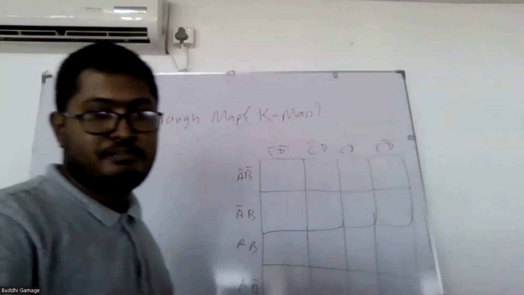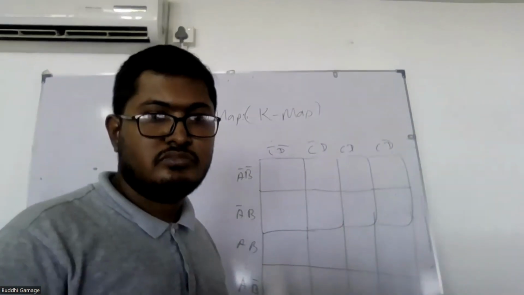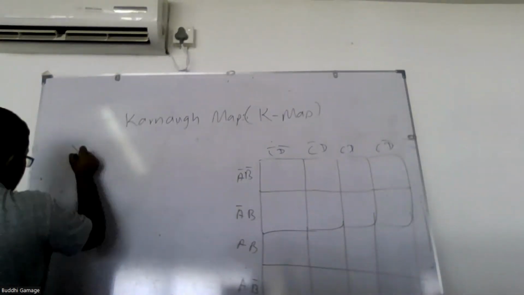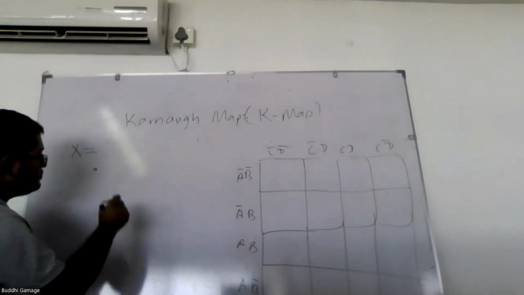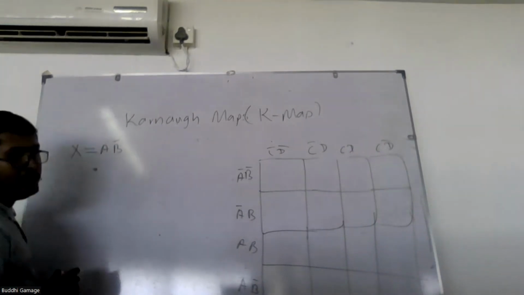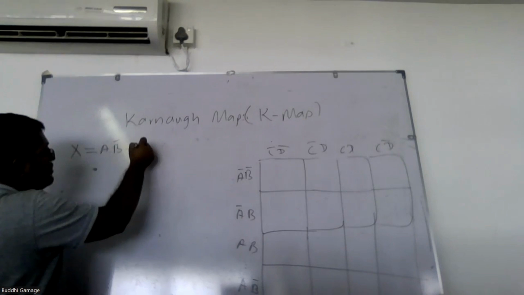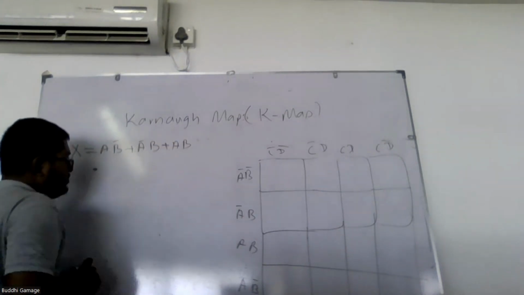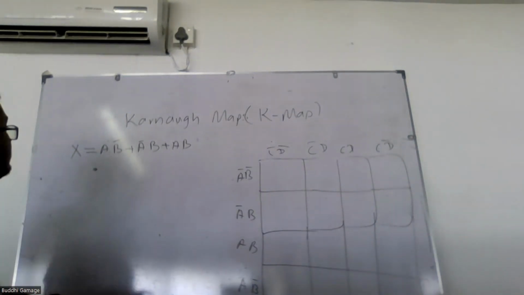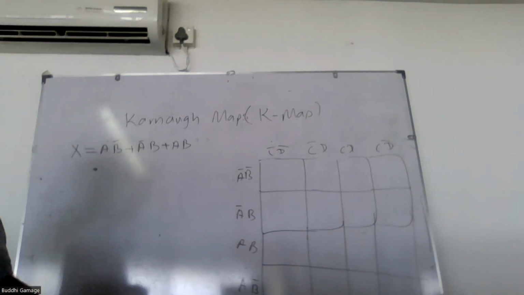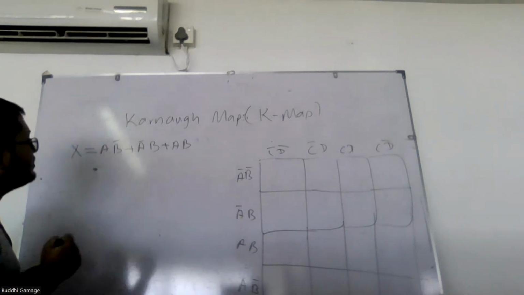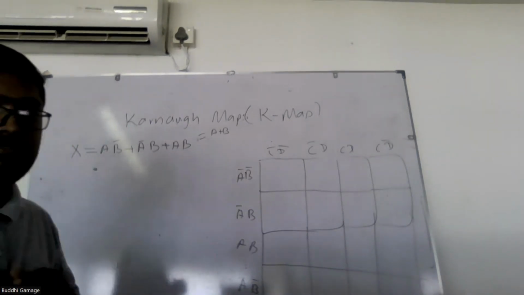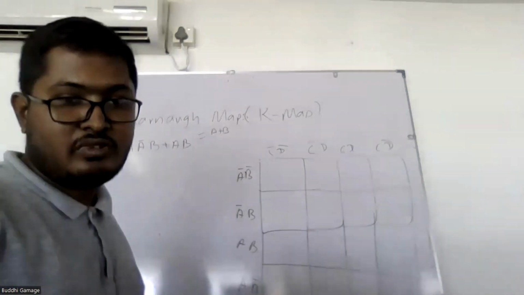Let's take an example: A B bar plus A bar B plus A B. We have already derived this one, so it should be A plus B, as I remember. So we are going to do that.